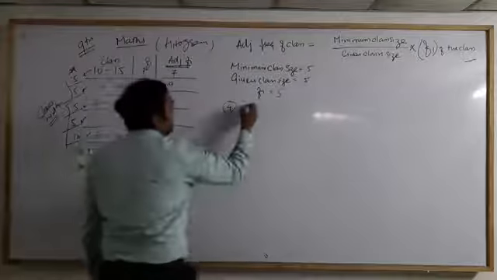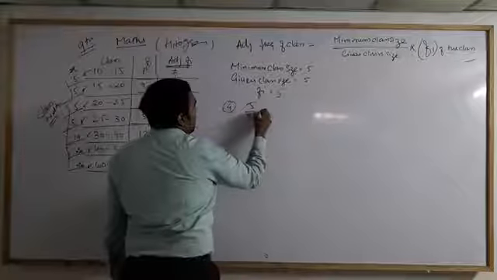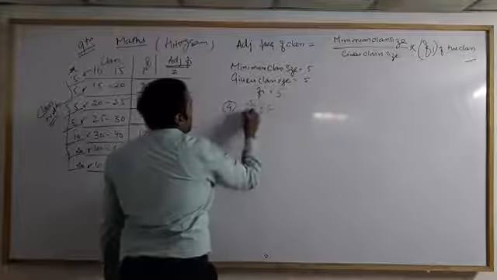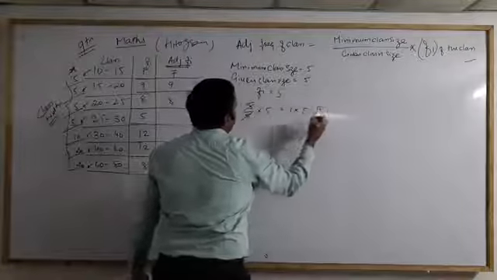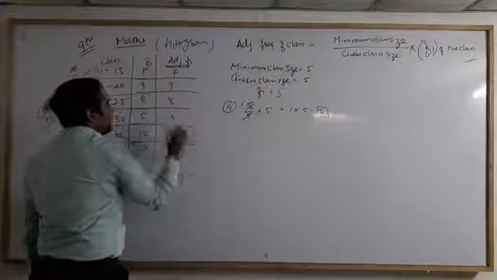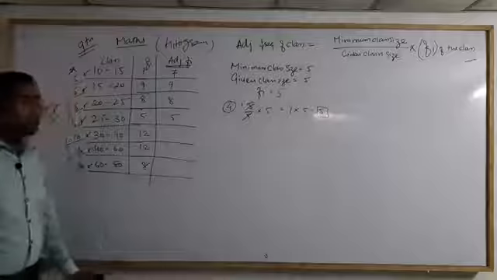Now what is my answer? That is 5 by 5 into 5, therefore 5 ones are 5, 1 into 5, that is my answer, 5.